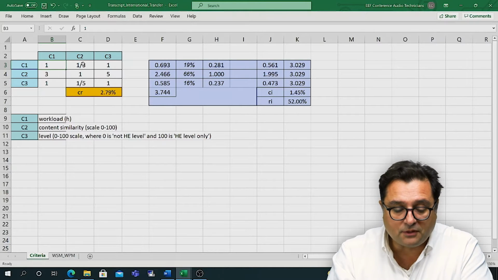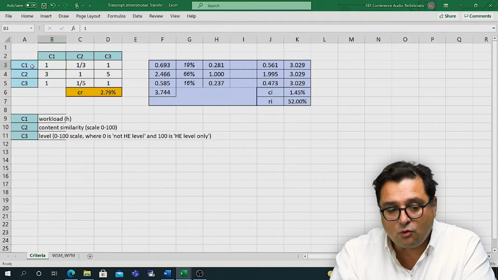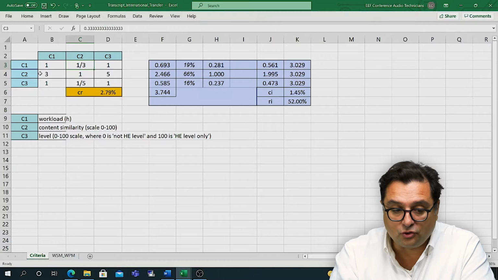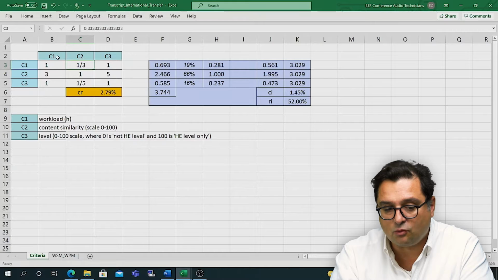The other point, as you can see here, is that we consider that C1 is less important than C2. In reality, what we write here is that C1 is 1/3 times C2. Or you can read the reciprocal value that C2 is 3 times more important than C1.